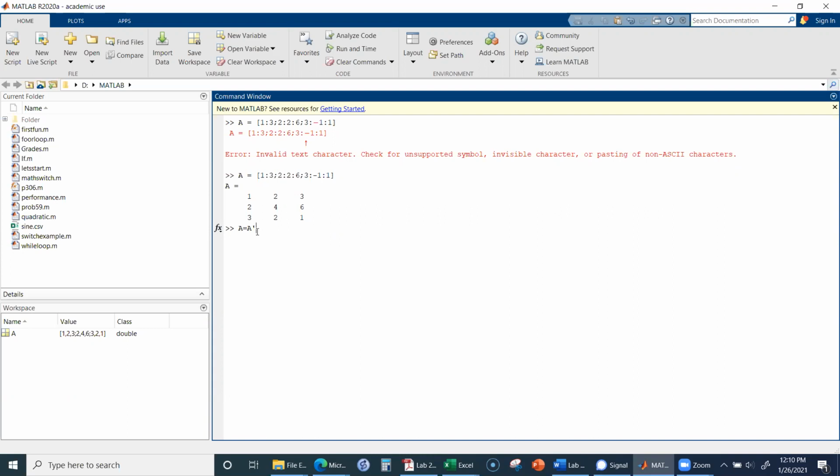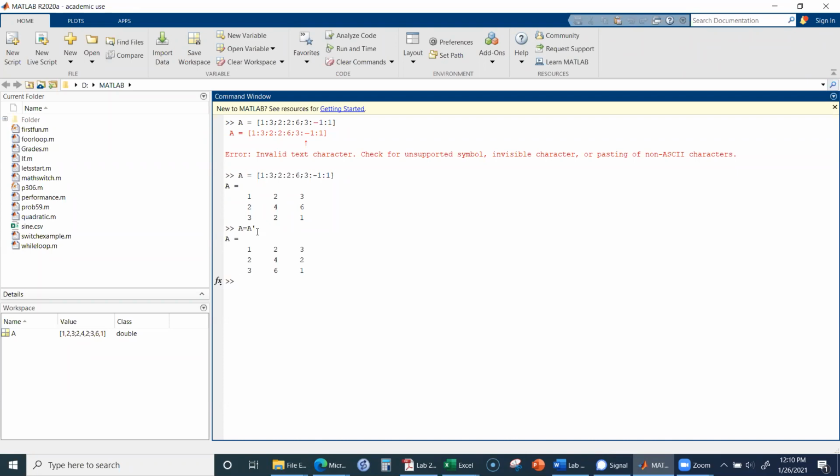So I can save it in A, or I can save it in B, whichever way I want. If I save it in A, then the contents of A will be replaced by the transpose of the matrix. So let's do it.